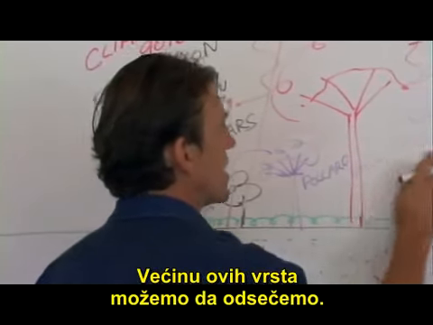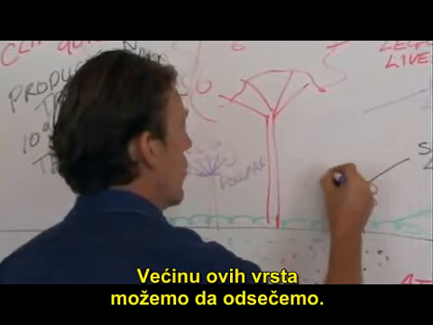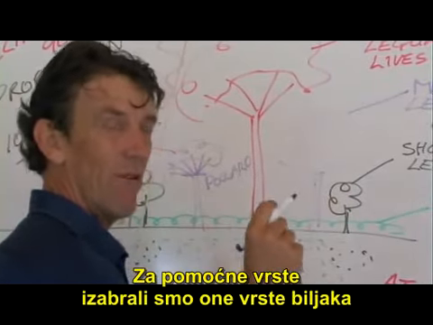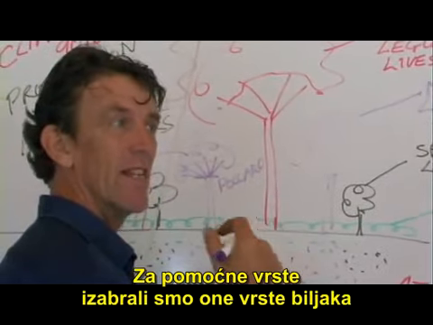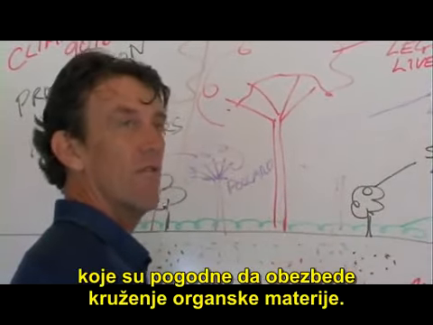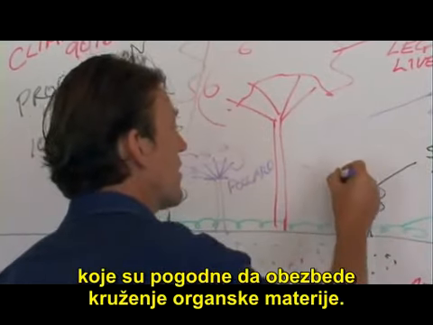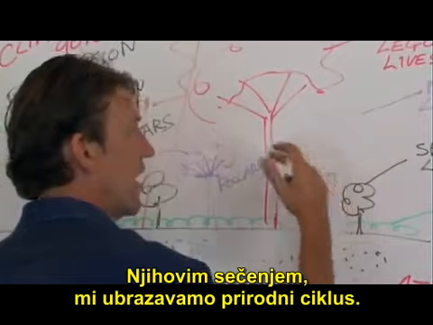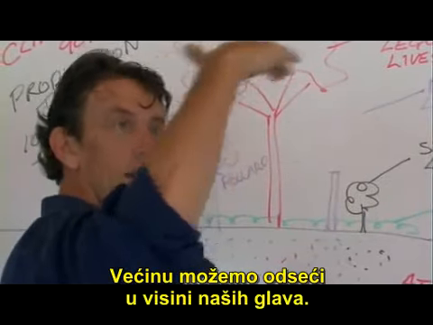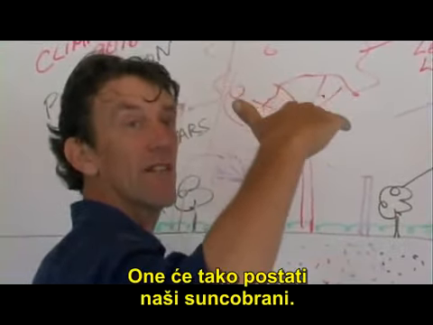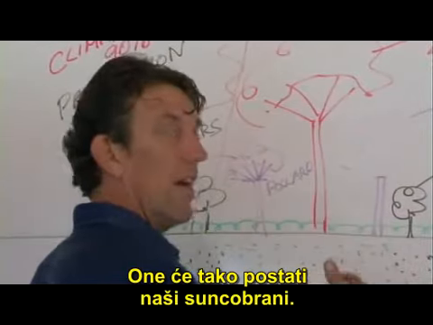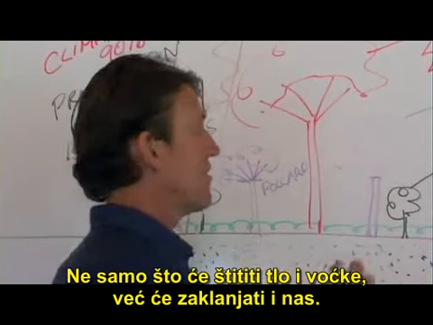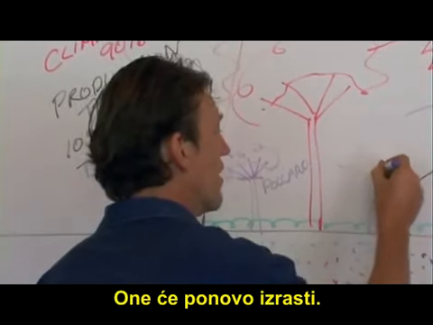Every one of these species here can be cut, or most of them. Our preference of support species is that they can be cyclers of organic matter, and we can speed that cycle up. So we can cut them, and a lot of them we can cut at head high. So they become our shade umbrellas. They're not only shading the forest floor and the fruit trees, but they're actually shading us too. And they will regrow again.